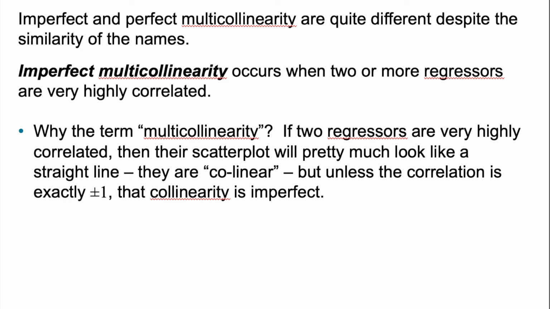What might be an example of this? Well, an example might be the relationship between the federal funds rate and the term spread. So if we looked at the federal funds rate on the y-axis and the term spread on the x-axis.